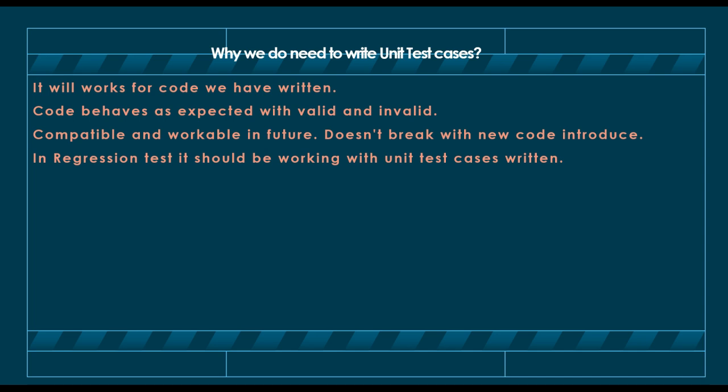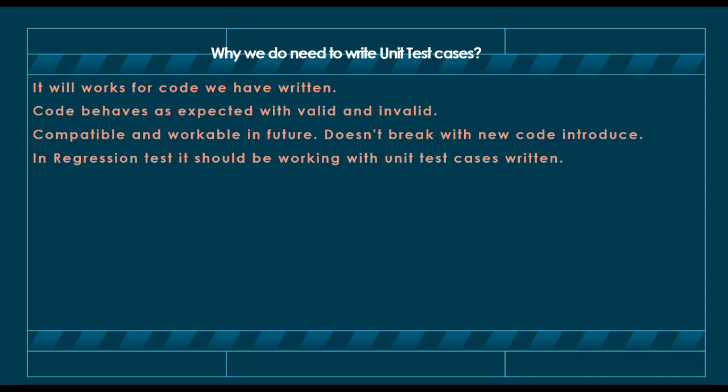Now the third point is that as the code progresses and multiple developers work on it, and as the code grows old, a number of features are introduced, new code is added to it, and certain implementations and code changes are done according to the business logic, right?